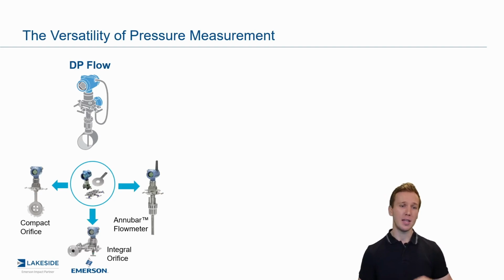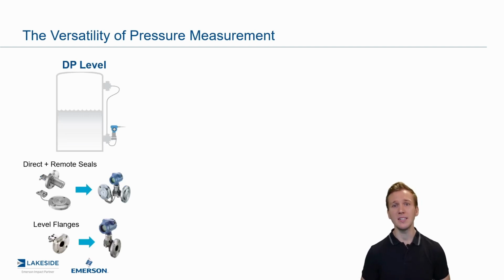So we measure the pressure before and after the primary element, and that is correlated to the velocity or the volumetric flow or even the mass flow if you'd like to compensate using integral pressure and temperature measurements within the unit itself. And so in this case, we actually are combining maybe one, maybe up to three measurements into one to get a flow measurement. So this is another great way to apply pressure transmitters.